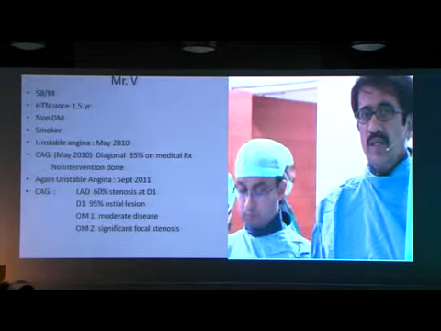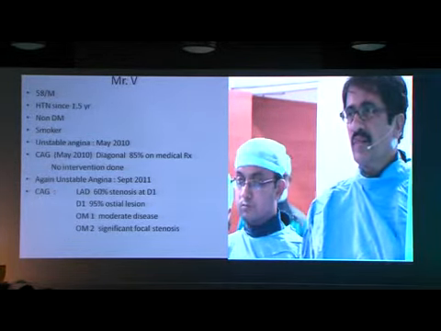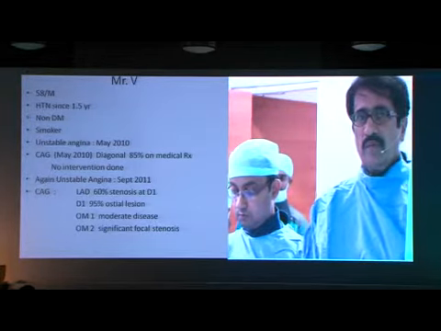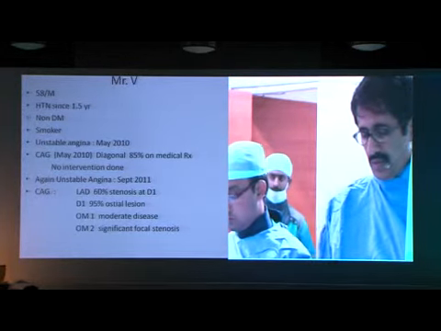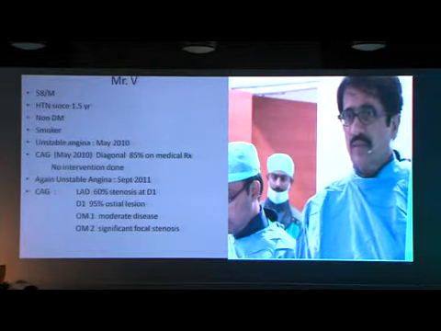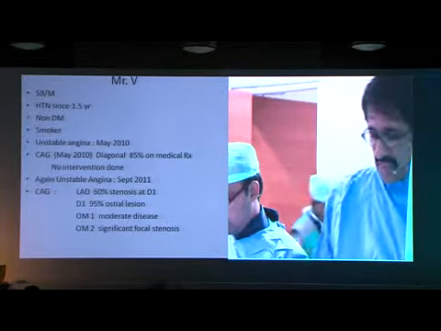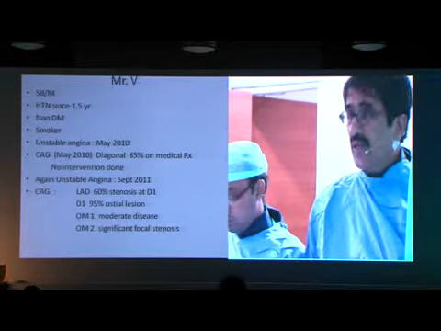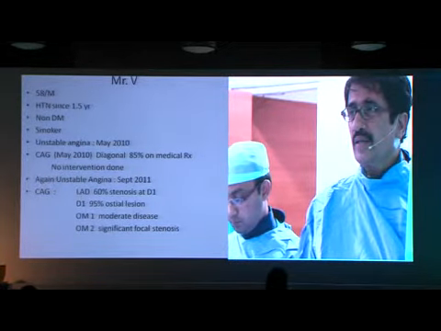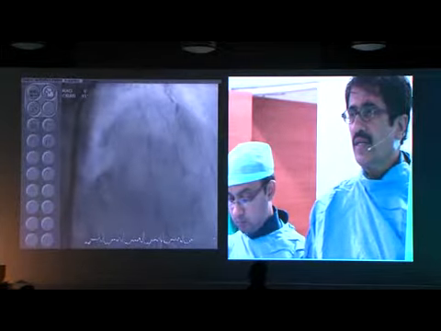He was advised to stay on medical treatment, but he continued to progress with effort limitation and one recent admission in a peripheral hospital for ACS. So we have brought him back and the angio showed a very critical diagonal lesion.